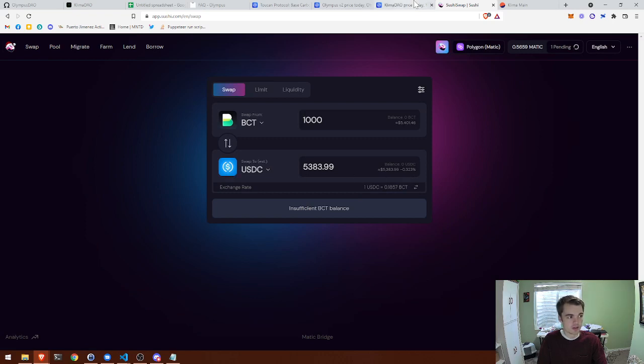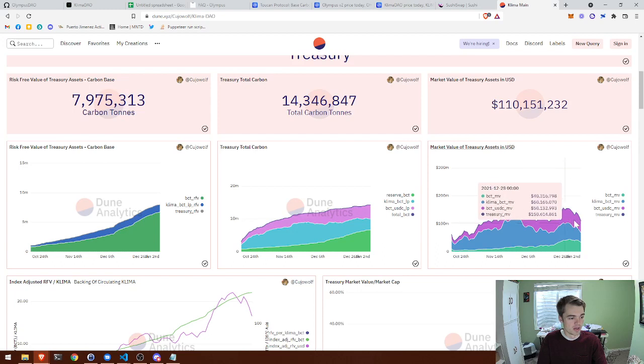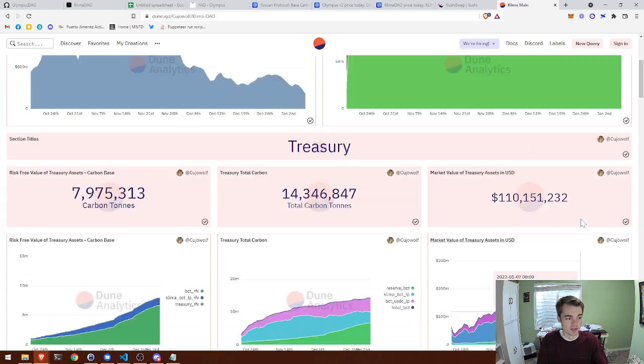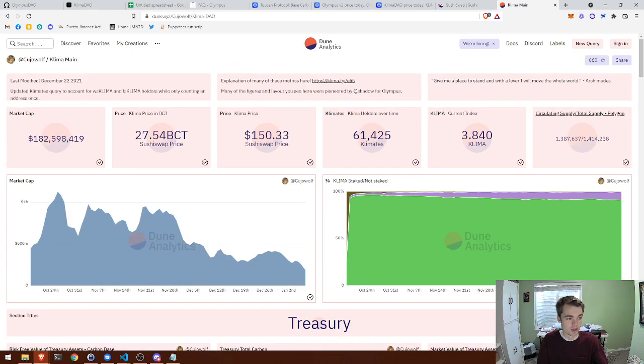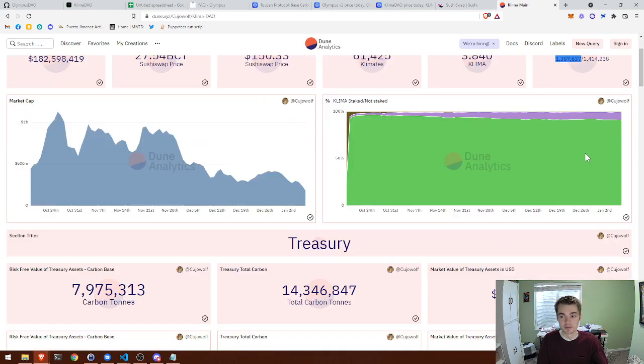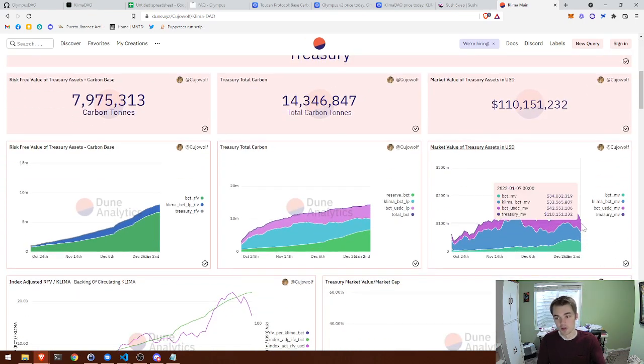So they have US dollars in their treasury, even though that's not what they promised to back it with. They've got $42 million in BCT USDC liquidity, which means about $20 million worth of US dollars. Okay? $20 million of US dollars and 1.3 million KLIMA means you've got $20 in US dollars per KLIMA right now in the treasury.